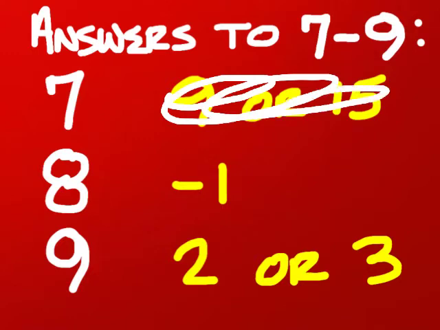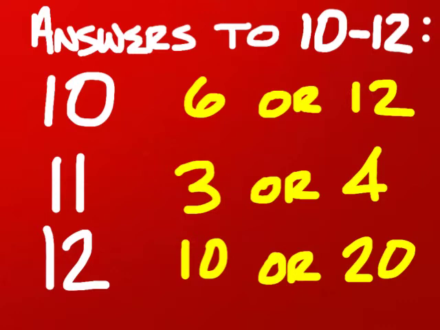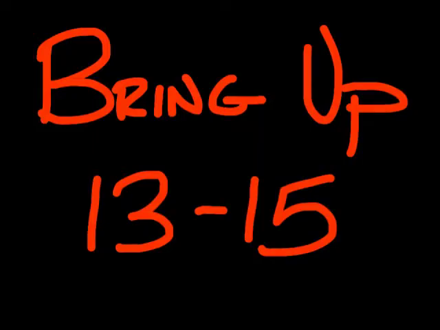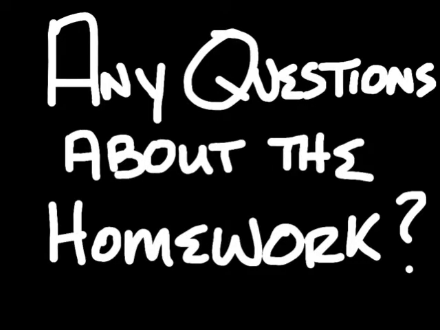Number 7 should be not factorable. And number 8 should be positive 1. Bring up 10 through 12. If you have all 3 of them, come get it. 13 through 15. If you have 3 of them, come and get it. Any more questions about the homework?